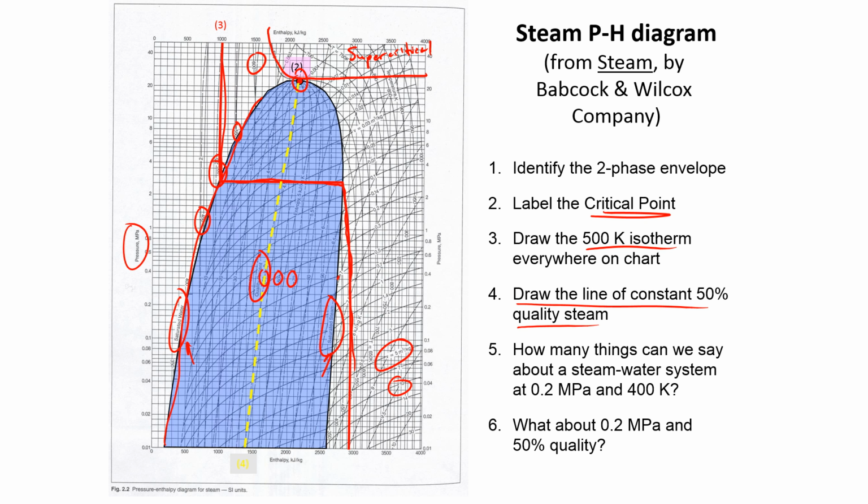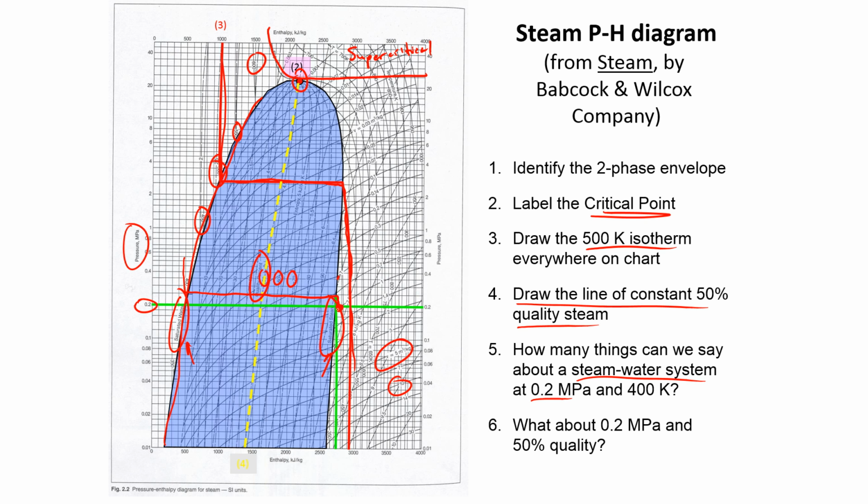And then what can we say about a steam water system at 0.2 megapascals and 400 Kelvin? I'm going to track this 400 line. If we track the 400 line, it's going to come right here and then continue down.